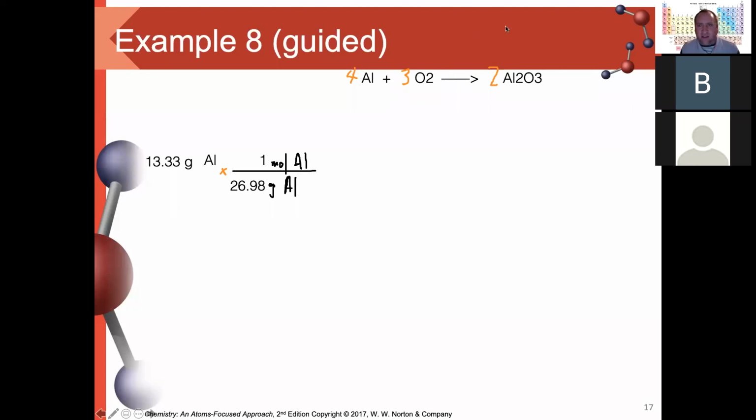So that step is going to eliminate our grams of aluminum. We've now got moles of aluminum. My second step is going to be taking moles of aluminum and converting it into moles of aluminum oxide.